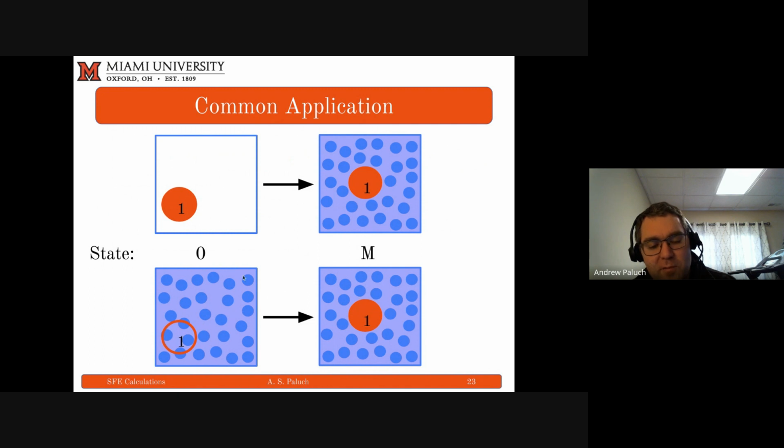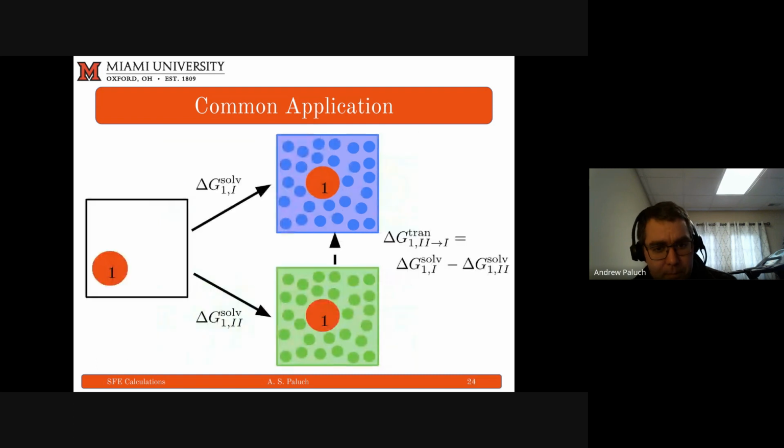So the change in Gibbs free energy going from non-interacting to interacting. Sometimes I like to say that this change in Gibbs free energy results from solute-solvent interactions. It's the effect of turning on my interactions between my solute and solvent. So just a couple of applications, just pictures, and we'll talk more next class.